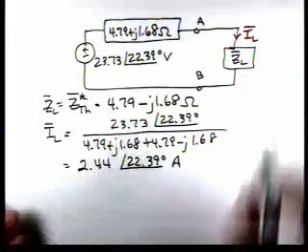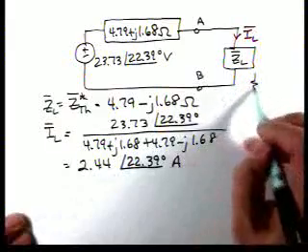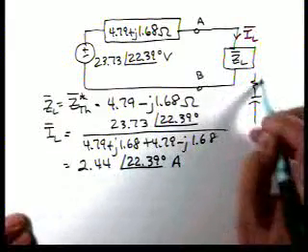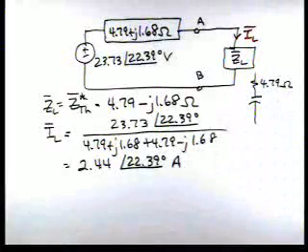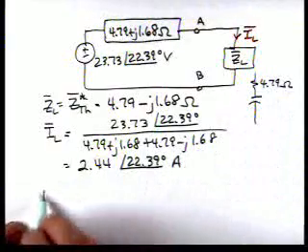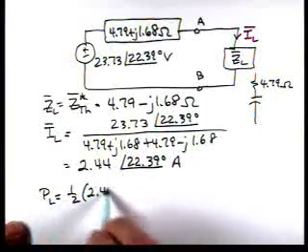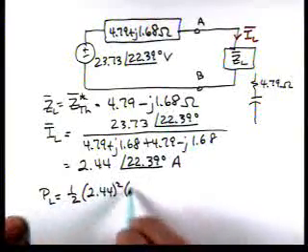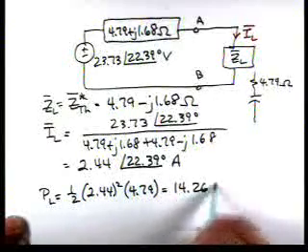Now, this load is composed of a resistor and a capacitor, and that resistance is 4.79. So the load power is the power dissipated in that resistor. P sub L is 1/2 times 2.44 squared times 4.79, which is 14.26 watts.